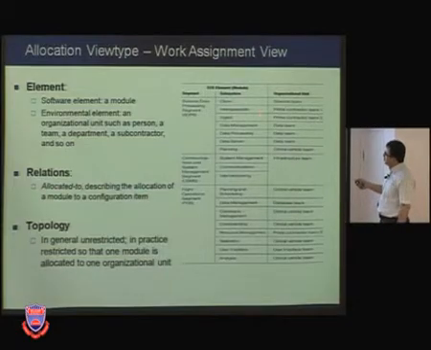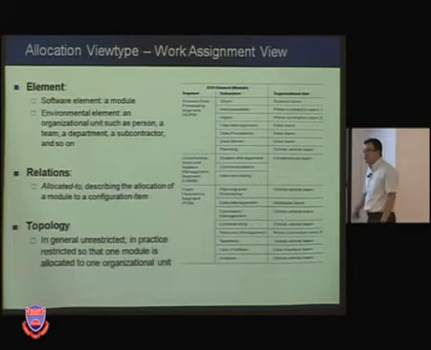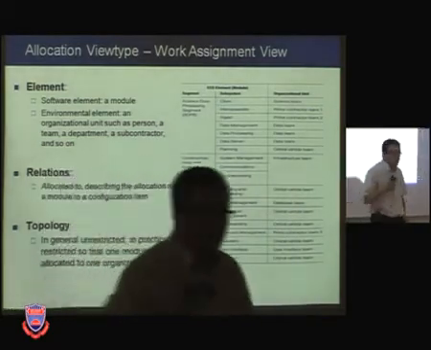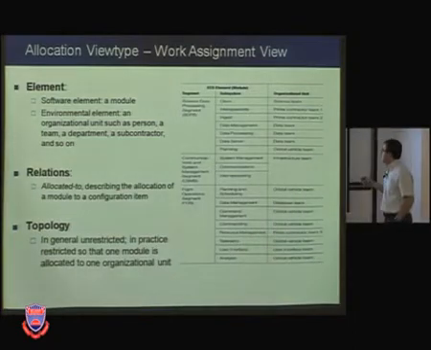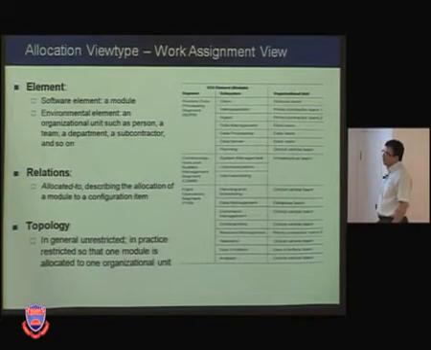Like here, these are our elements, the subsystems, and in this table it is described how you map this software to non-software units, in this case organizational units. For example, the data processing team is allocated to the data team, a team consisting of a set of persons. So typically they will describe how the system should be implemented.